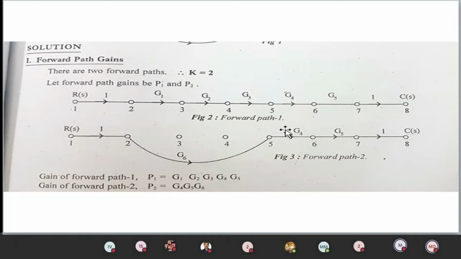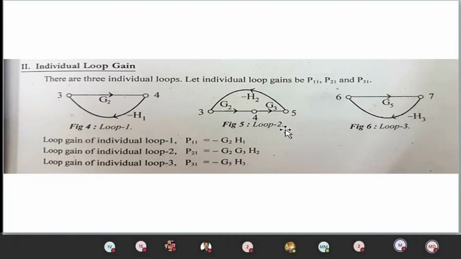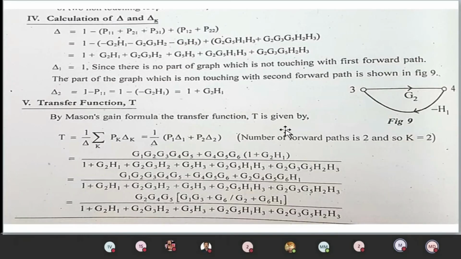Del 1 is 1. P2 del 2 is G4, G5, G6 into 1 plus G2 H1. Right? So once you substitute, you will be getting the result.